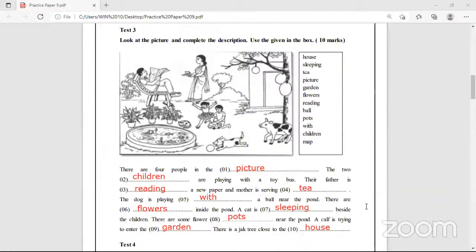These are the answers for the third question. Mark your answers, please. And there are two extra words, and we did not use ball and the word map, right? So mark your answers. You can take a screenshot and move to test 4 here.